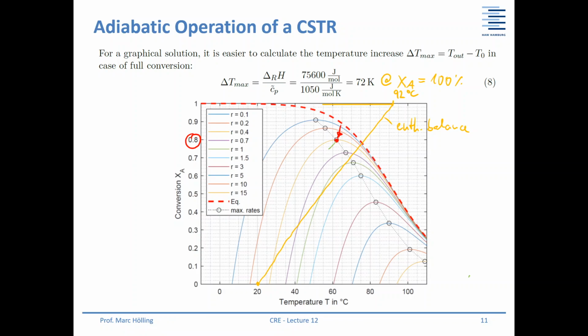We want to end here, and we know the slope of our curve, so we just have to go this way. This is a parallel shift, and then we can say, okay, I know the exact value: this is 4.4 degrees Celsius as our inlet temperature, and then everything is fine.